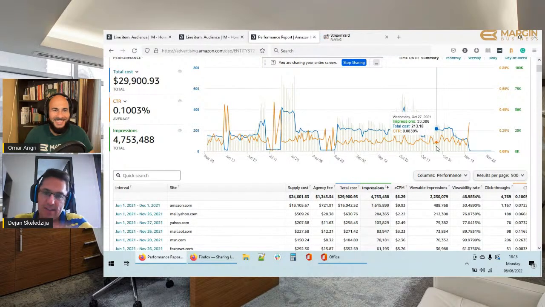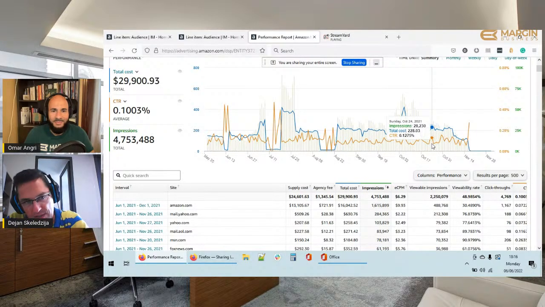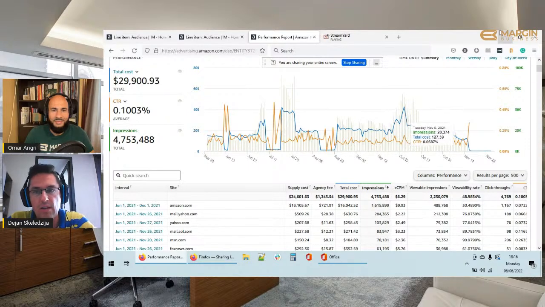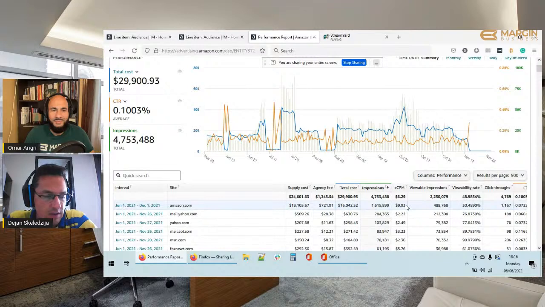But if you understand what these numbers here mean, you will make money. This is the big bold promise Amazon DSP gives to vendors, bigger sellers. That's why it's not available like all other platforms for advertising. It's only for bigger sellers.